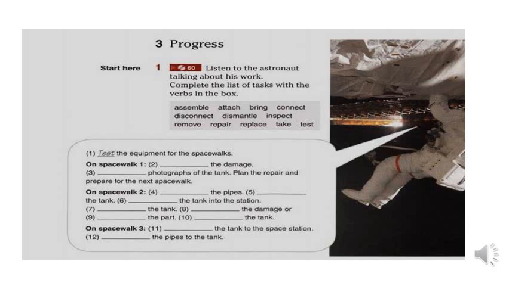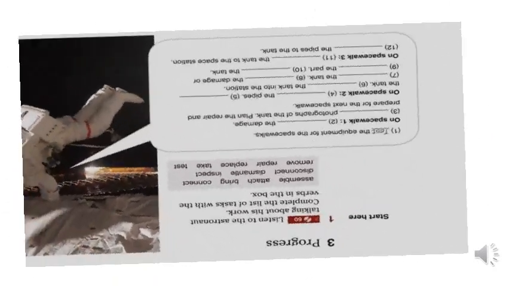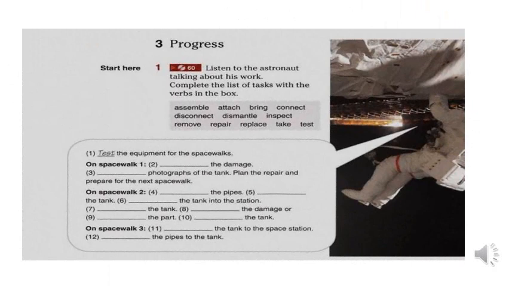Unit 12, Recording 60. We sometimes have to make many spacewalks outside the space station just to do one simple repair job. Let me give you an example. A small piece of rock from space has hit an oxygen tank. What do we do? First, we must test our equipment for the spacewalks. Then, in the first spacewalk, we inspect the damage. We take photographs of the tank and the hole. After that, we go back into the space station.